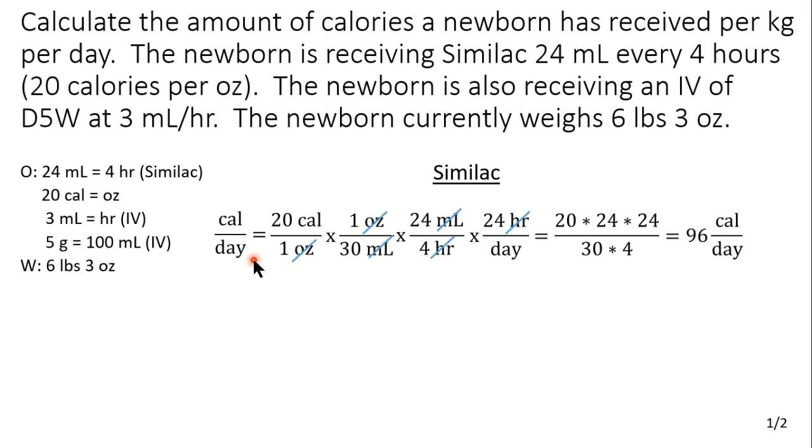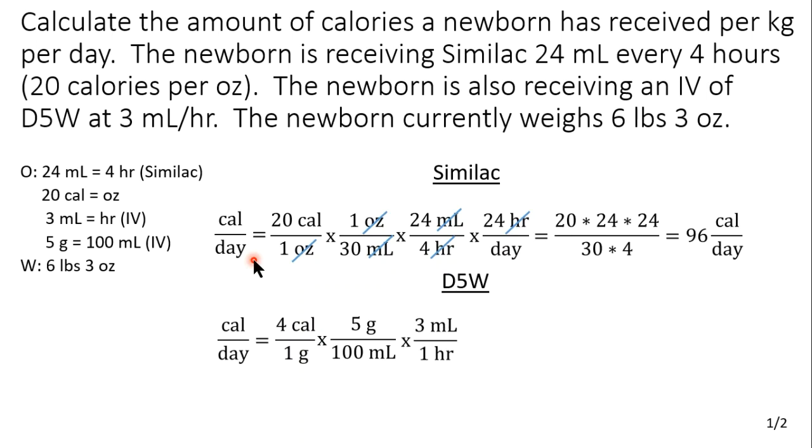For the second one, the IV, so the dextrose 5%, we want to find calories per day. So we multiply it times the caloric value of dextrose, which is 4 calories per gram. Then multiply it times the percentage, which is 5 grams over 100 milliliters, times the rate of the IV, which is 3 milliliters per hour, and then multiply times 24 hours in a day.